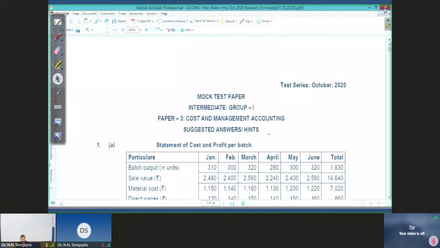Then this is the question of standard costing, which was there in CFM also. And this kind of question will clear your concept. If you practice this kind of question, it will give you a lot of confidence if you can do it.